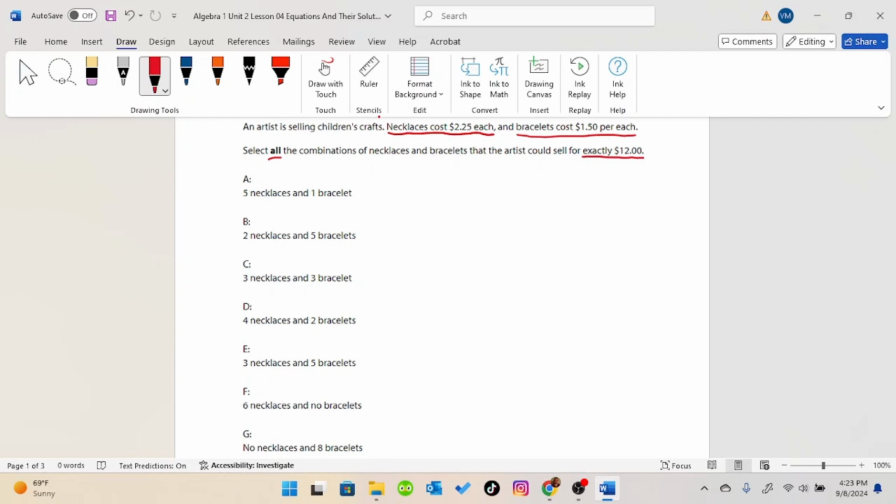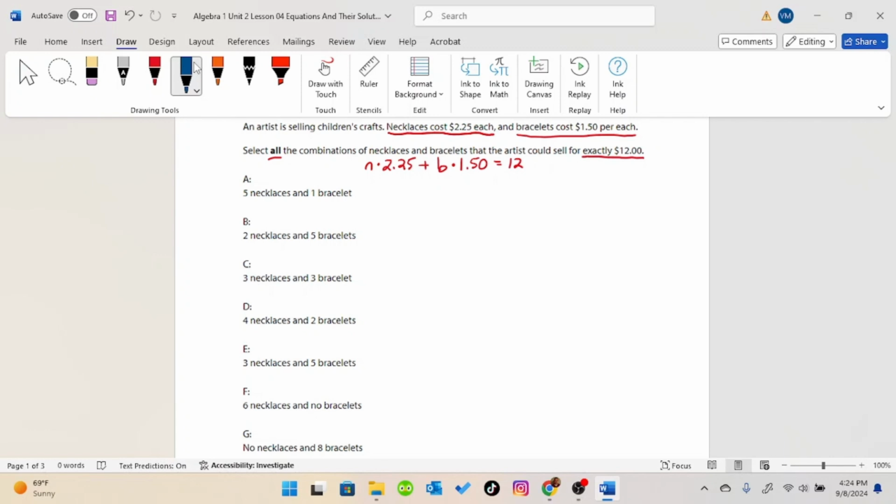So I can go ahead and write this: N times 2.25 plus B times 1.50 equals 12. We need this to be true in order for an answer to be correct.